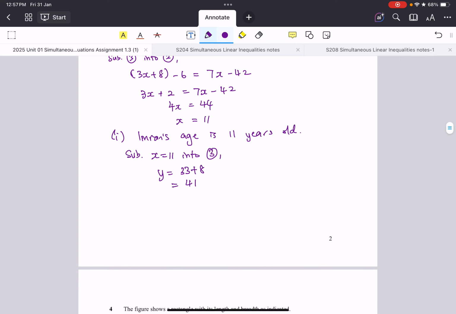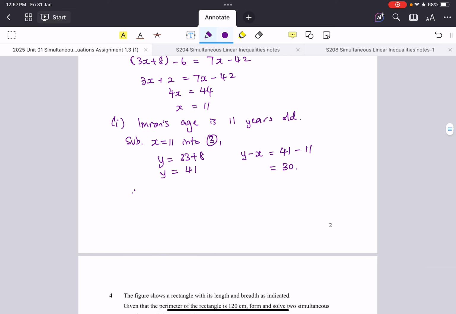So the current age, let's write that. Y minus X, if you want to be more clear with your presentation, equals to 41 minus 11, which is equals to 30, right?